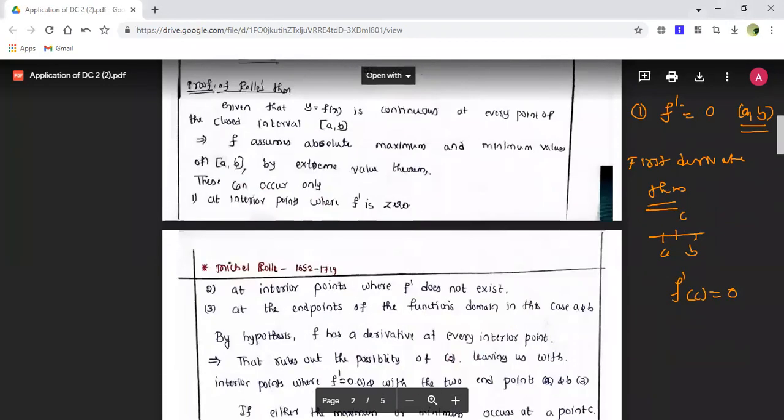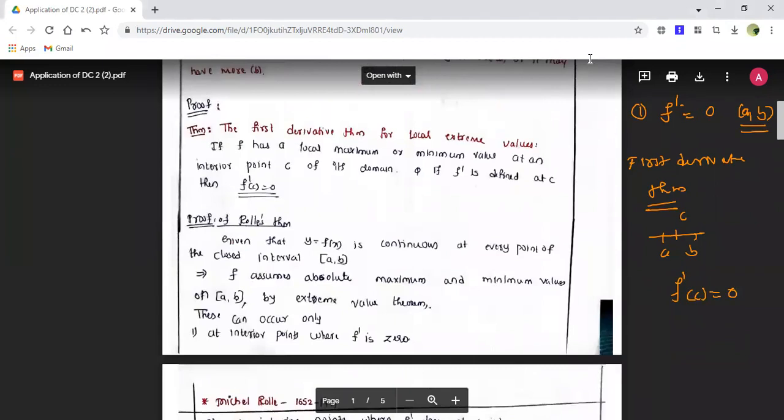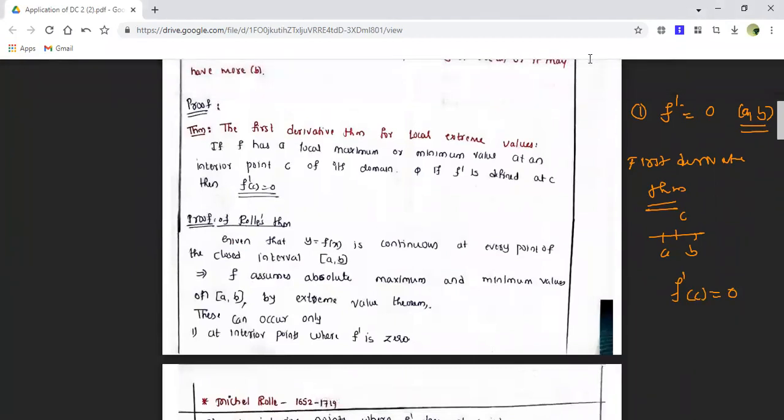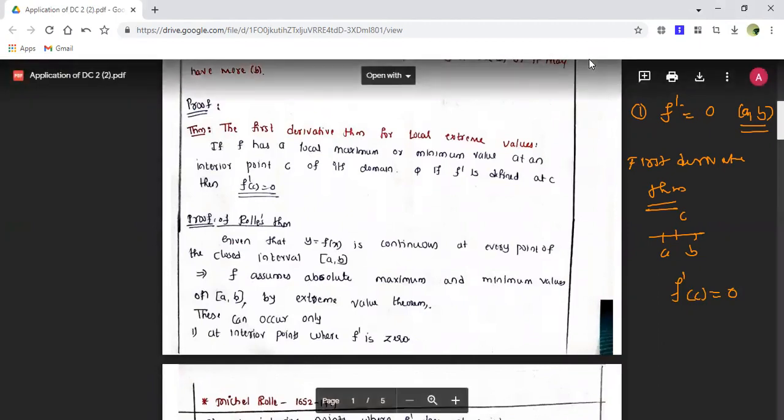The first derivative theorem says that if f has a local maximum or minimum value at an interior point, that is in the open interval AB, then f dash at that point is equal to 0.